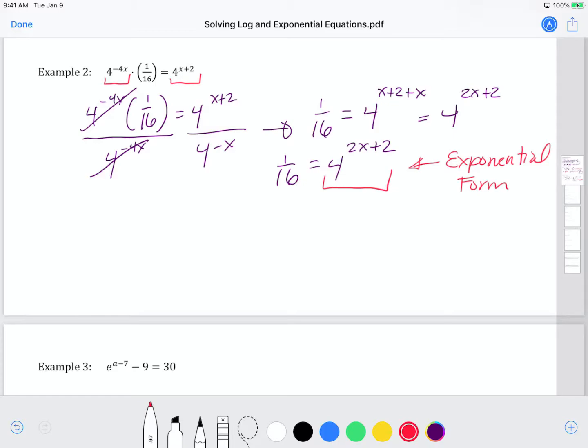And now I've got to put it in log form. Okay, so my base is 4, so I'm going to have log base 4 of 1 over 16, and that's going to be equal to my exponent, which is 2x plus 2.